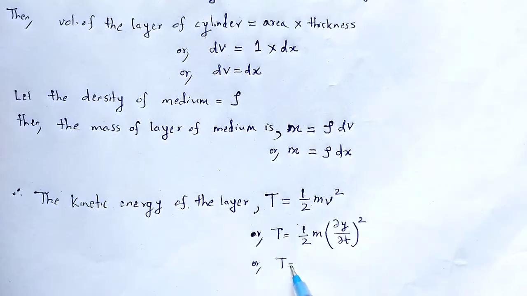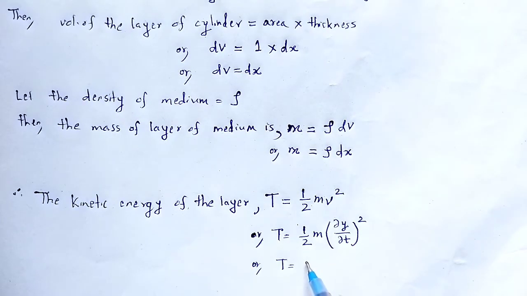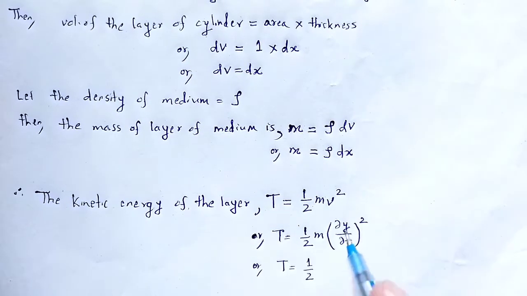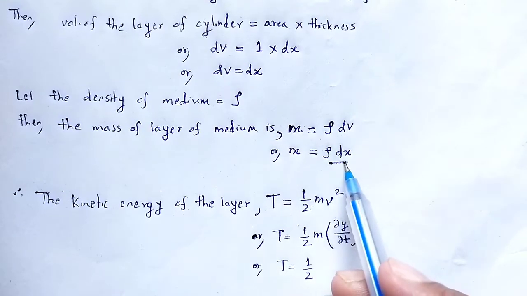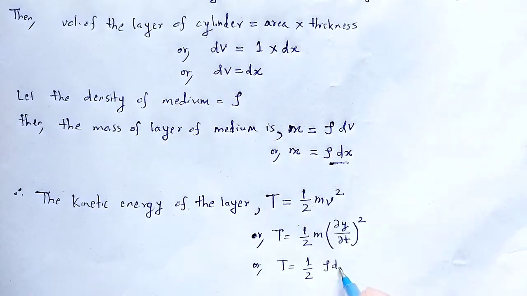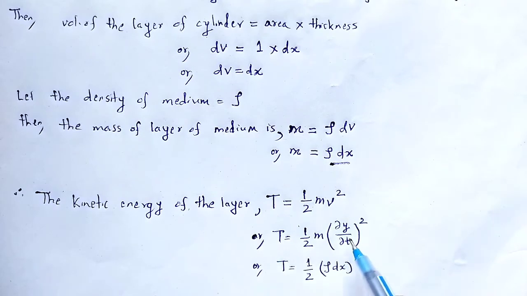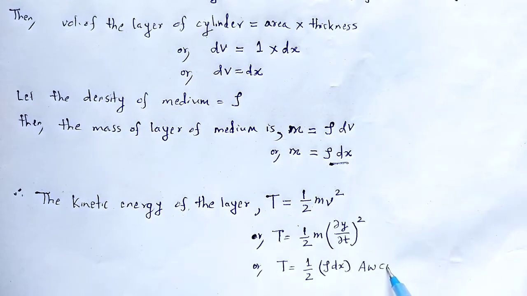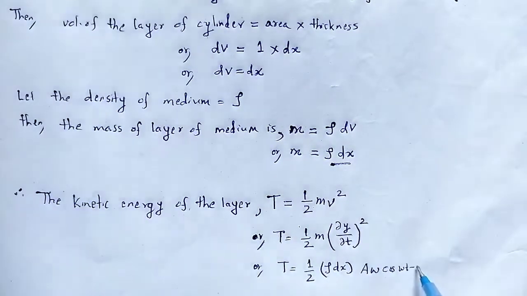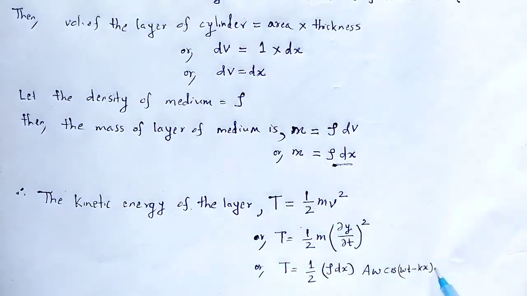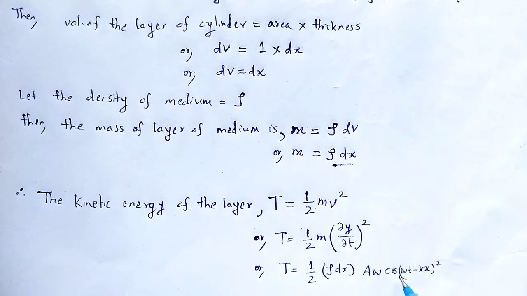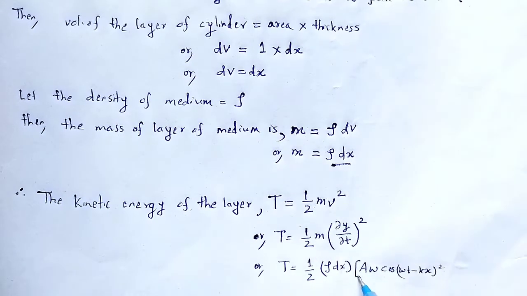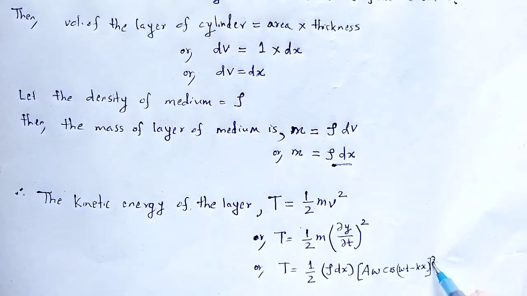In place of m we substitute rho dx, and in place of del y by del t it is a omega cos(omega t minus kx), whole square.